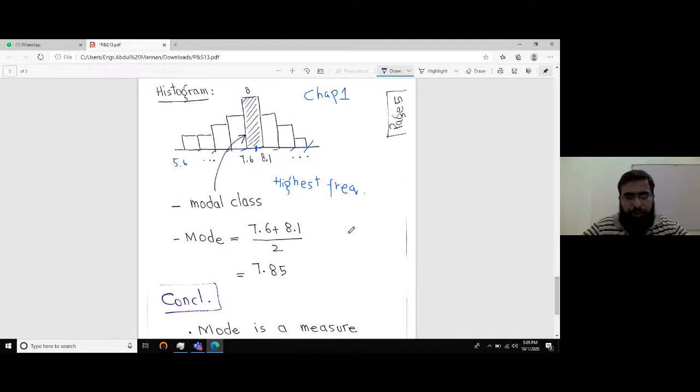It is being left as homework for the students to compute mean and median for the same birth weight data. Right, so it's homework. You should compute mean and median for this data.